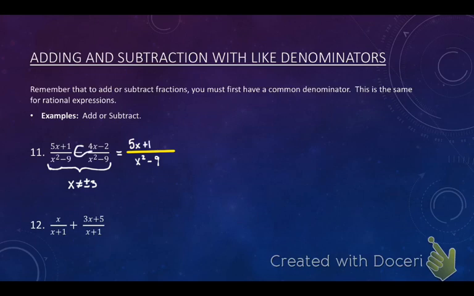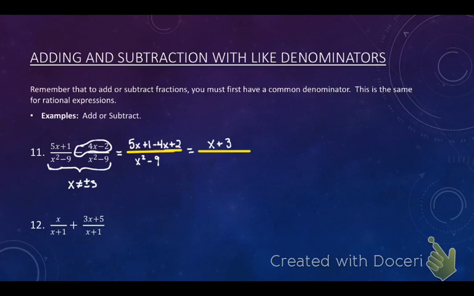Now, if it's a minus, that means I'm just going to change all the signs and have minus 4x plus 2. The top side is just going to get combined as far as the terms. So 5x minus 4x is just x. 1 plus 2 is plus 3.